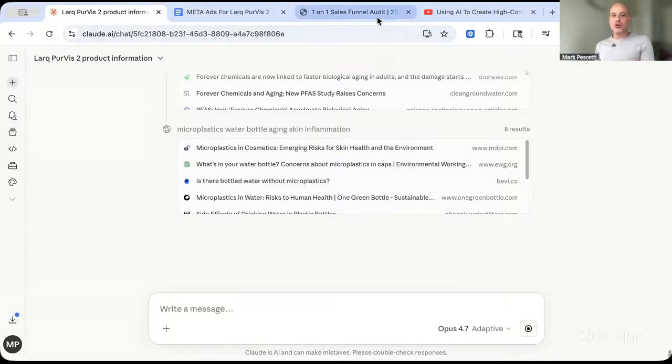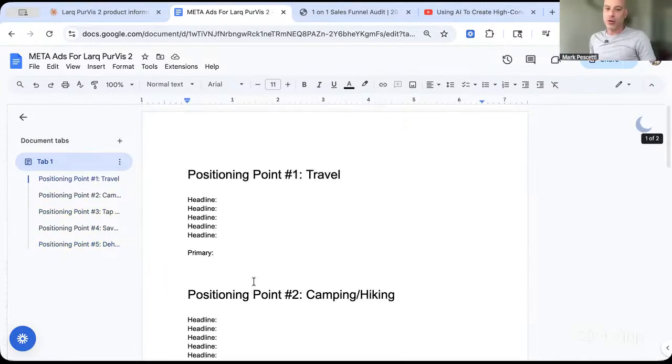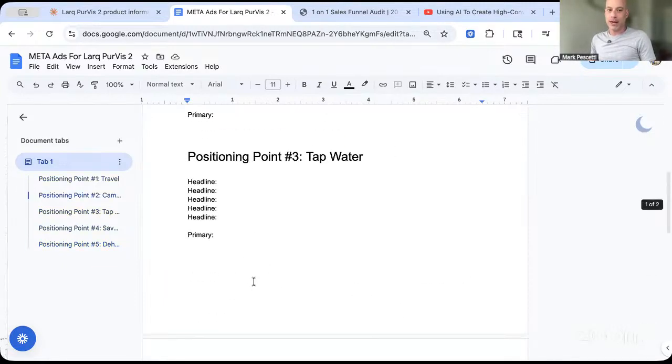Okay, so you see what I'm doing on the level of context training. I would need to context train it more. I've been doing that a lot with you, the people watching this. But I would be doing more directly, which is why I said I could just use this video to help give it more context. But now we have all these positioning points, right?